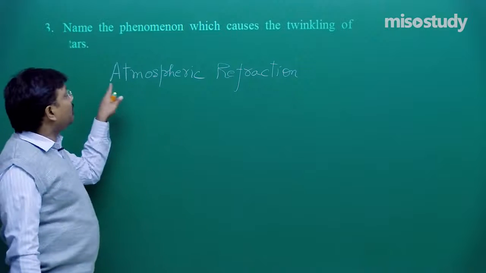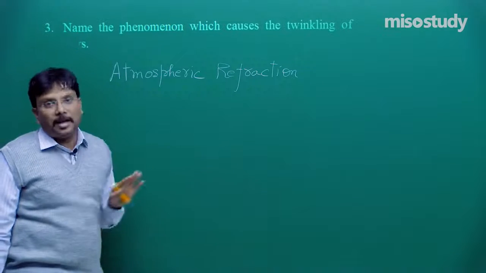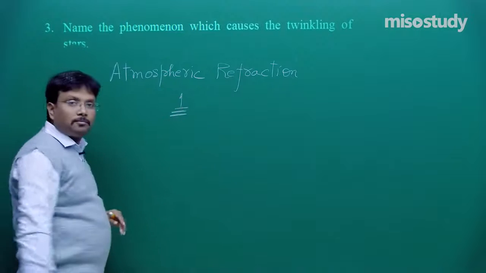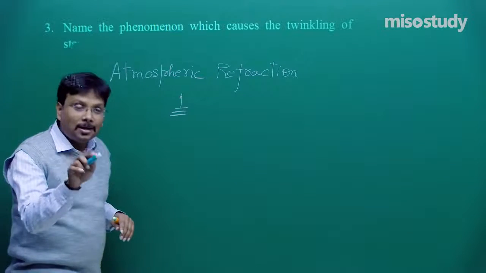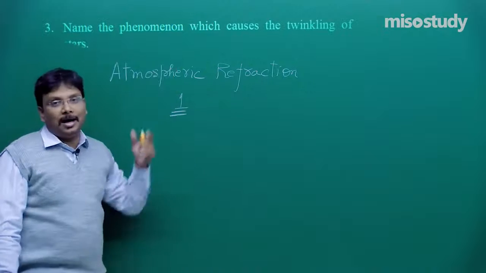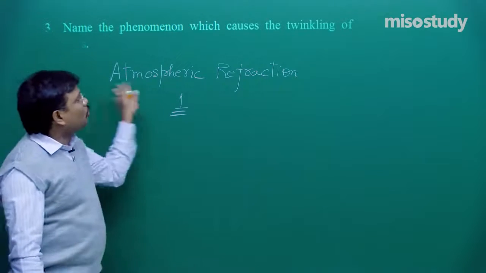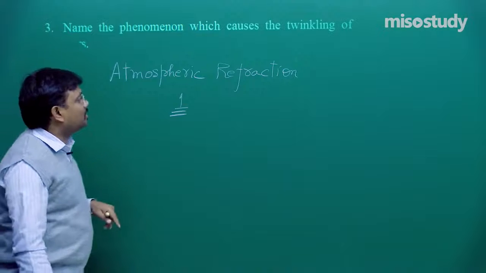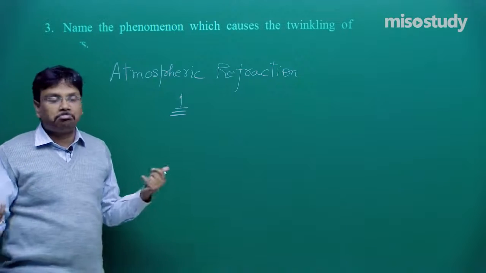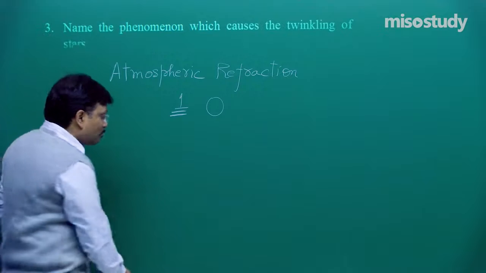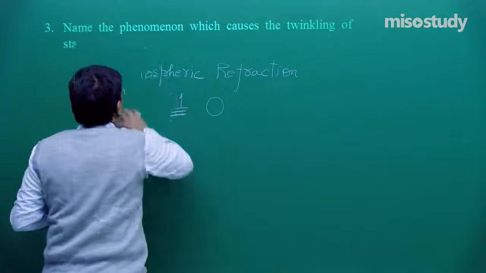Here, even if you write 4 or 5 lines, you will get only 1 mark, and that too only when you mention the words required for the answer. Suppose you write so many things in this answer, but you do not mention this atmospheric refraction concept, then 0. So, be very careful.